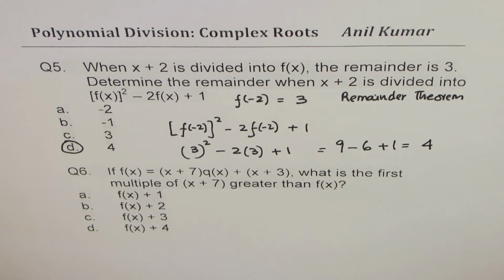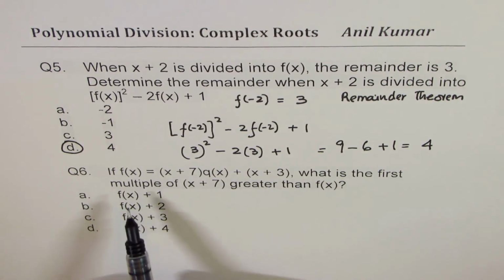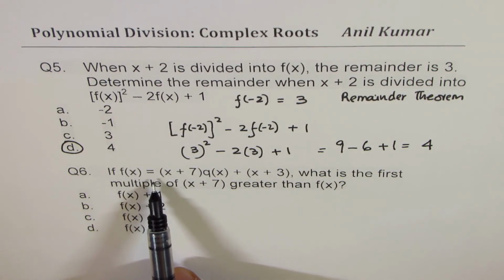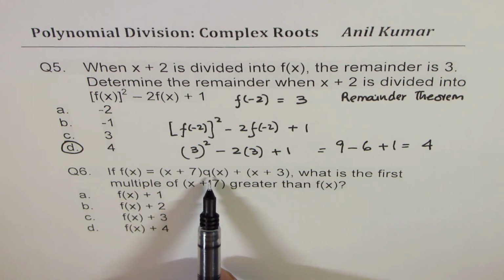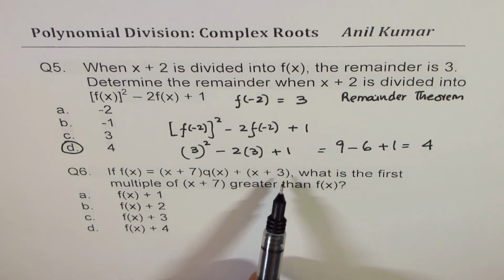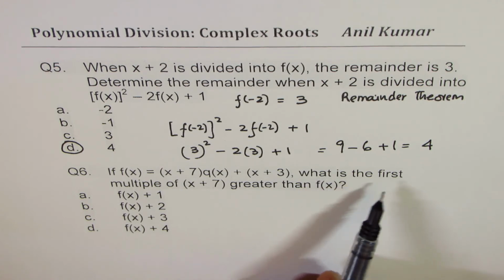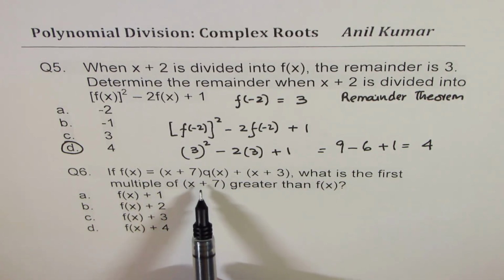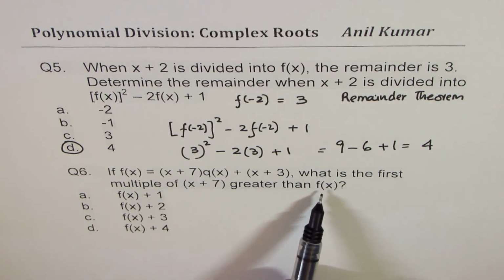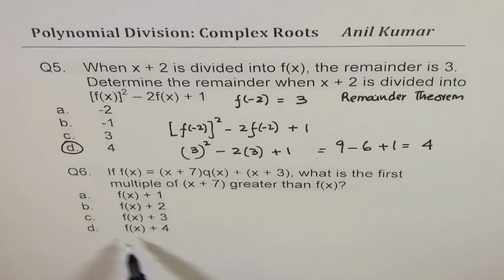Correct? Last question here is, if f of x equals x plus 7 times quotient plus remainder x plus 3, what is the first multiple of x plus 7 greater than f of x? Now again we are given 4 choices.